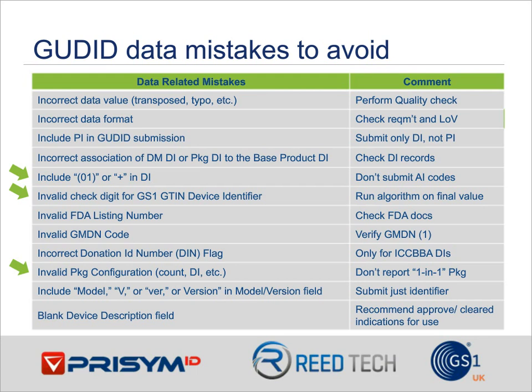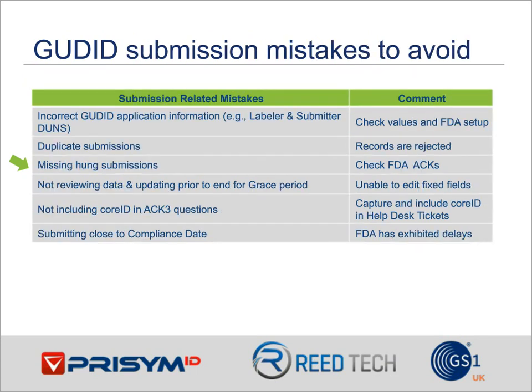Well, thank you, Neil. I'm going to move to the next slide, and for the sake of time, we'll just talk about one item on here, the missing or hung submissions where there's not an acknowledgement returned back from the FDA. One would think this is a pretty well defined process, and for the most part it is.